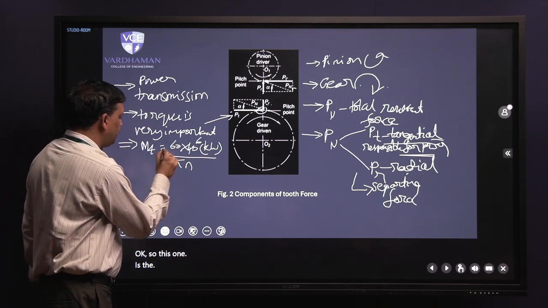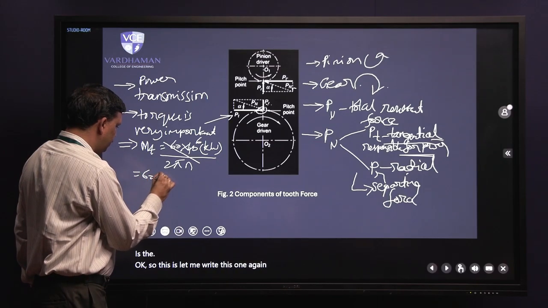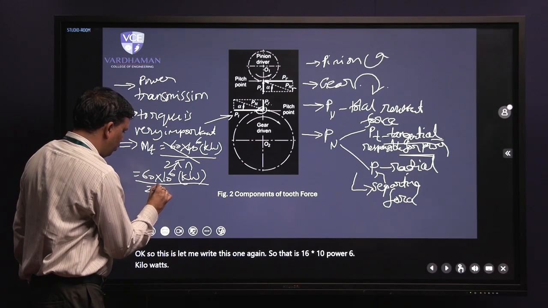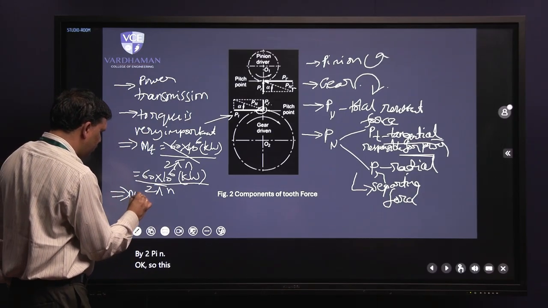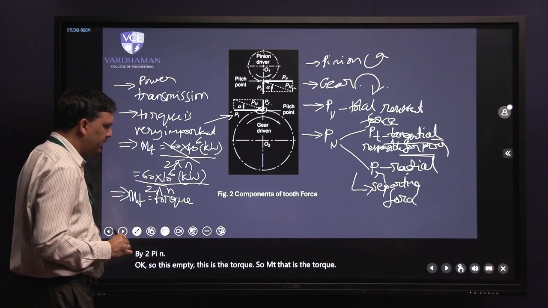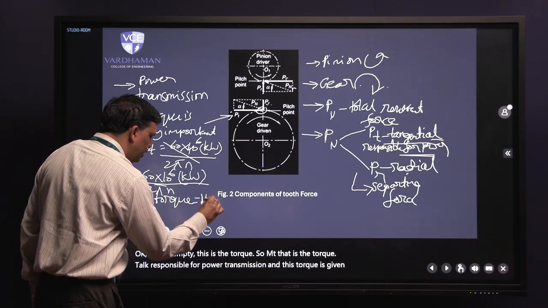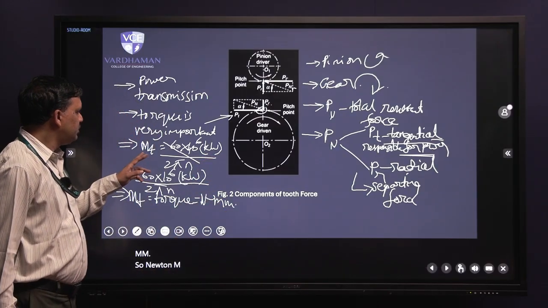Here Mt is the torque responsible for power transmission, and this torque is given by this formula in Newton mm.